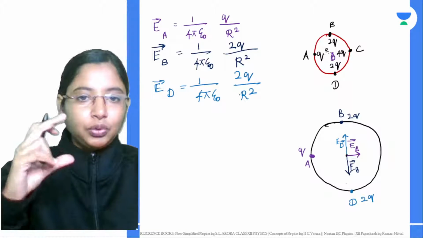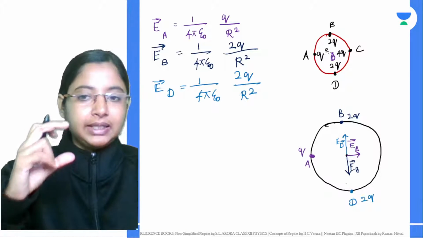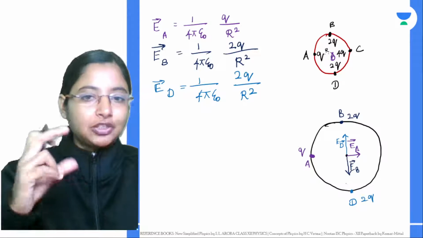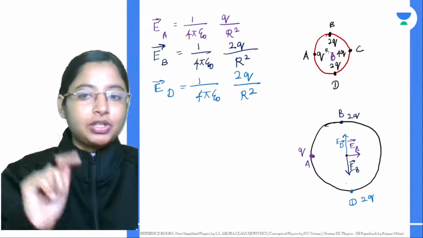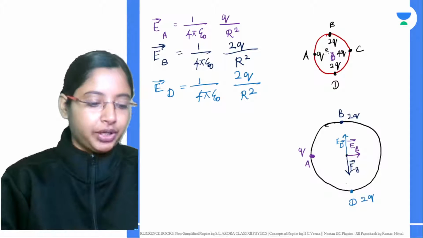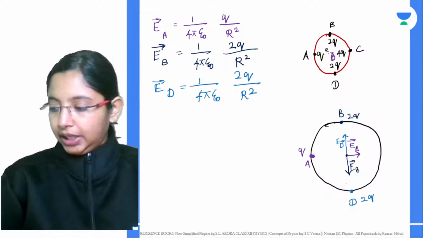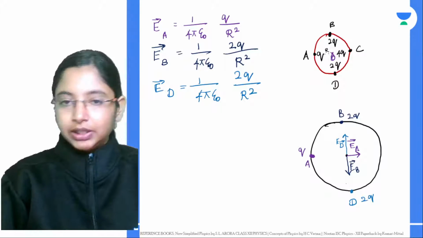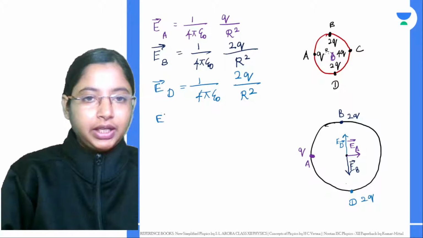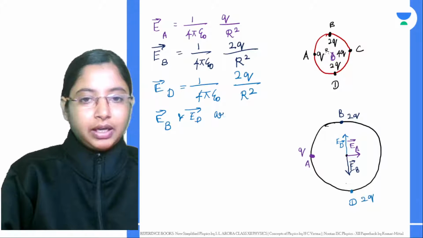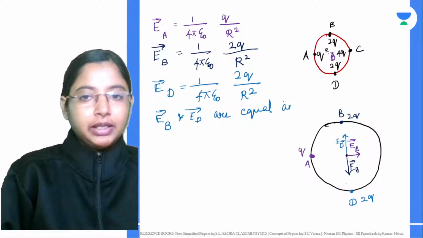In this case, the electric field intensities at these two points are actually the same, but they are acting in opposite directions. So they cancel each other out. The electric fields of B and D are equal and opposite.